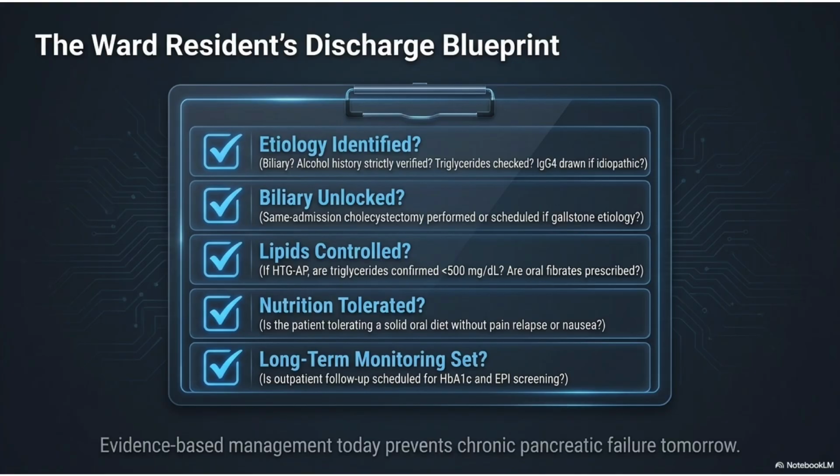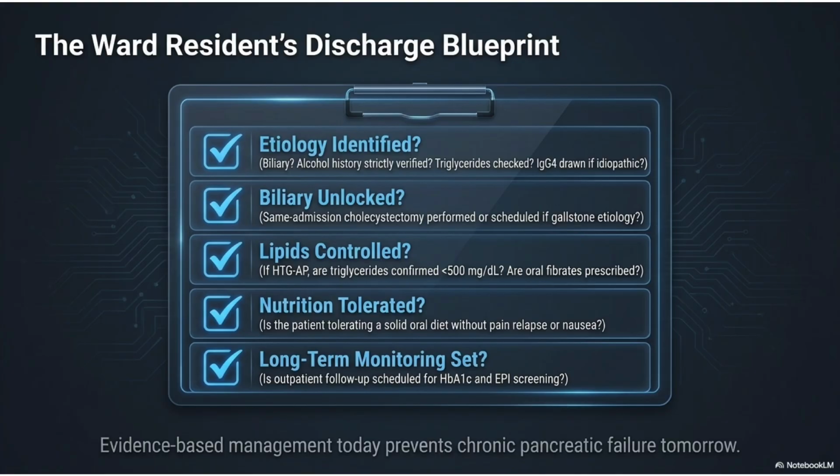All of that. And did you deal with the biliary issues in the same admission, cholecystectomy if it was gallstone, or did you address the other biliary issues? Were the lipids corrected if it was hypertriglyceridemia? Did you confirm that the triglycerides dropped to less than 500 if that was the case? And did you prescribe fibrates on discharge?